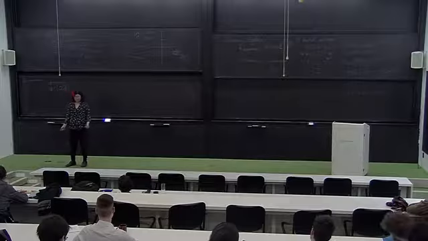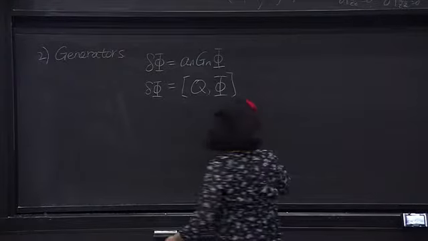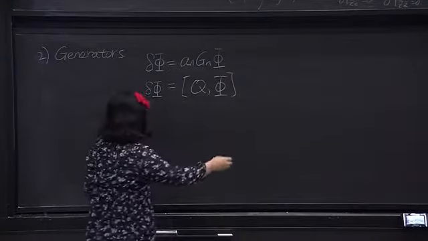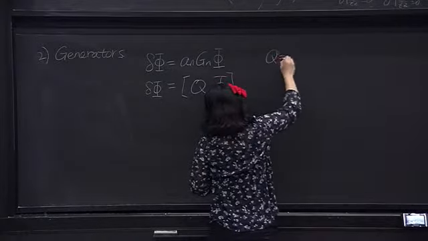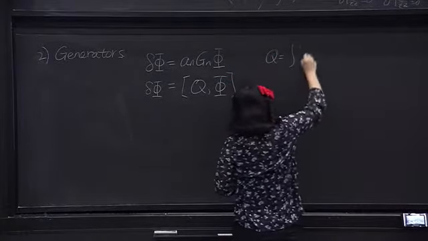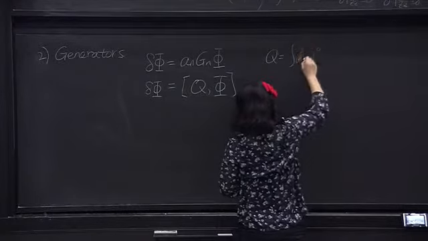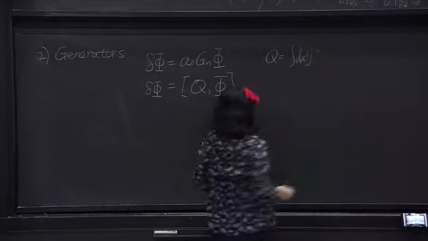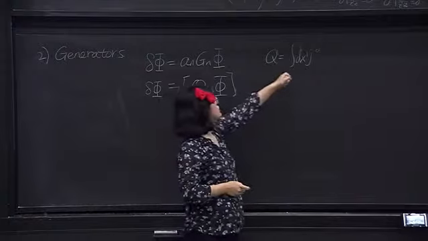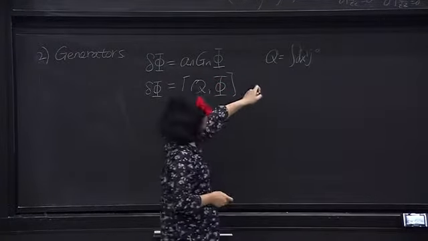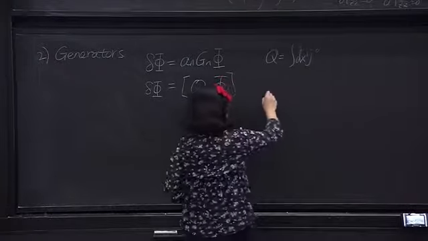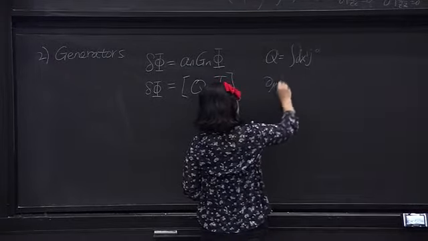And the energy momentum tensor is conserved. To recall, the charge, in 2 dimensions, is the integral over space of the time component of the current.